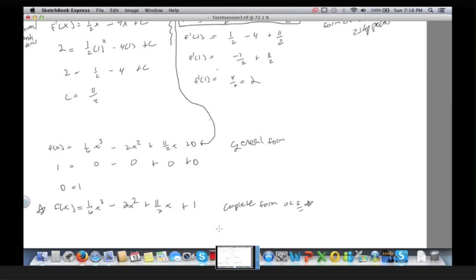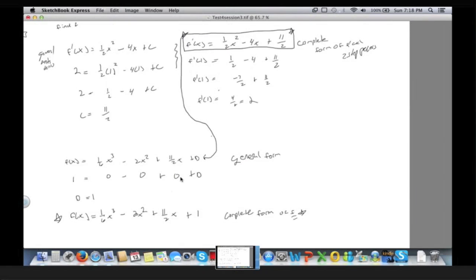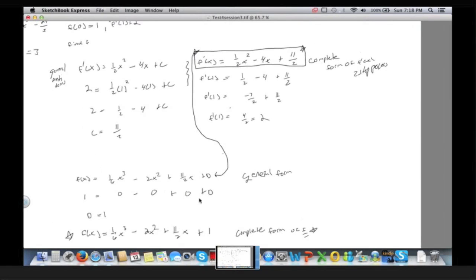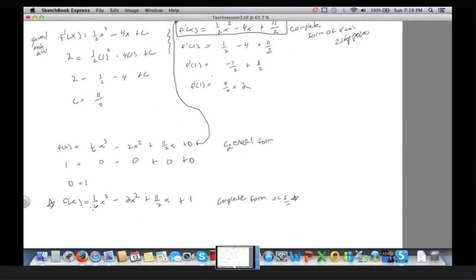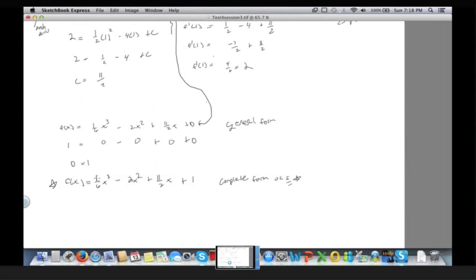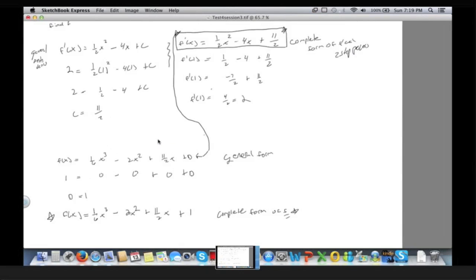Okay, let's check that answer. How would you check that? Well, first we can take the derivative of f, and we should get f prime. Let's go ahead and write that down.